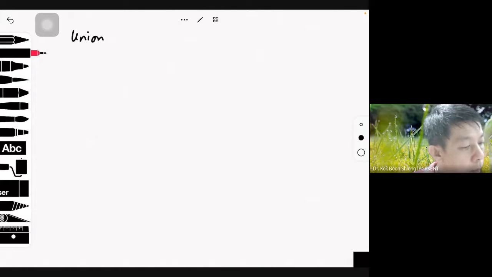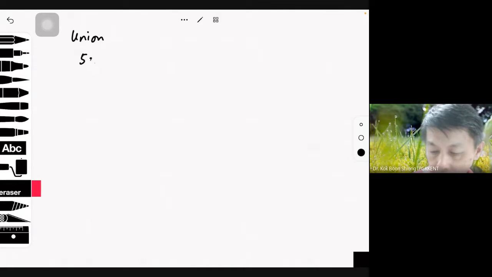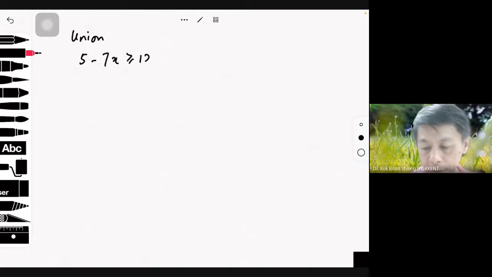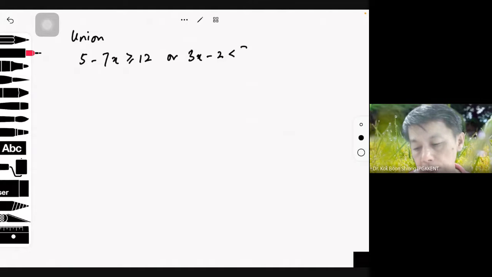Let's say 5 minus 7x larger or equals to 12, or, so this is union, 3x minus 2 smaller than 7. Okay, try.